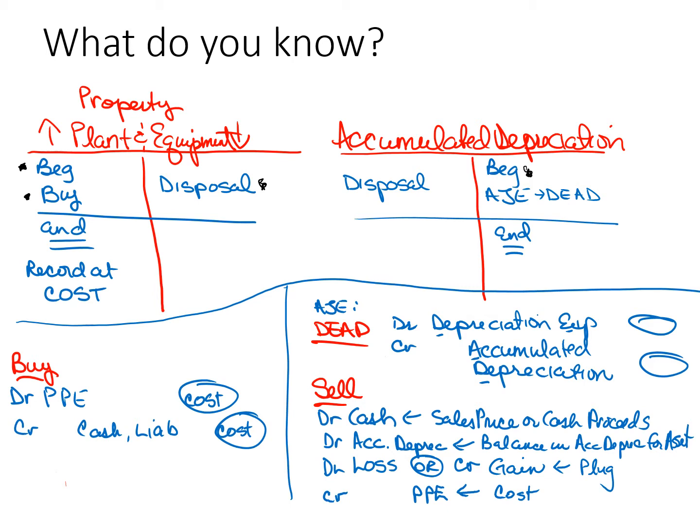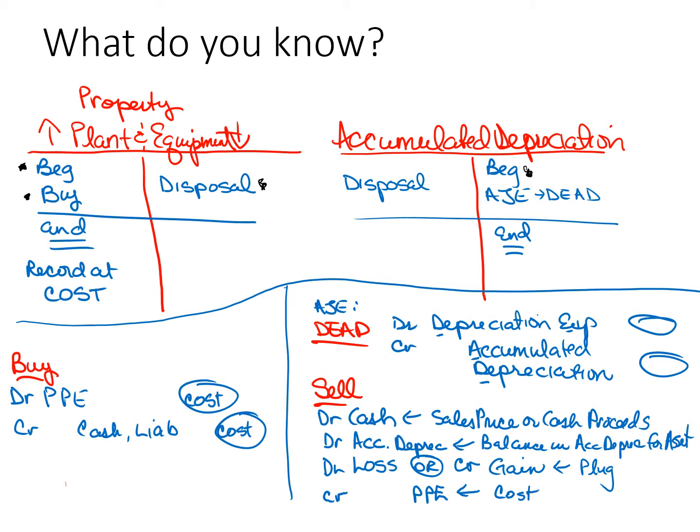The other piece that we know about is when we sell property, plant, and equipment, we'll debit cash for the sales price or the cash proceeds from the sale. We'll debit accumulated depreciation for the amount of depreciation taken on that asset through the date of disposal. And then we'll credit property, plant, and equipment for its cost.